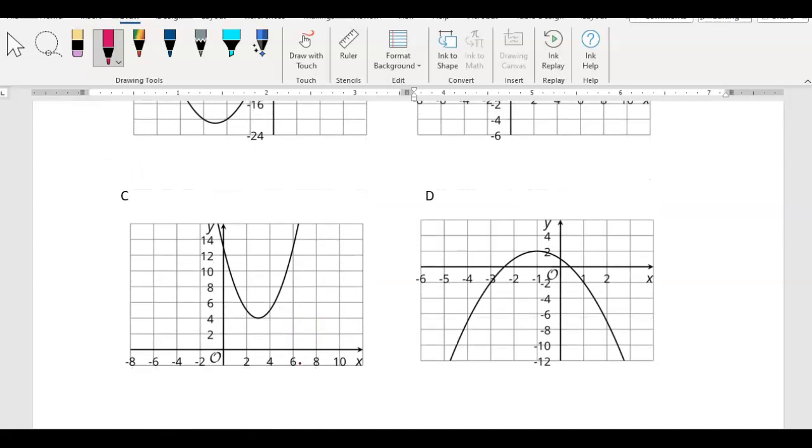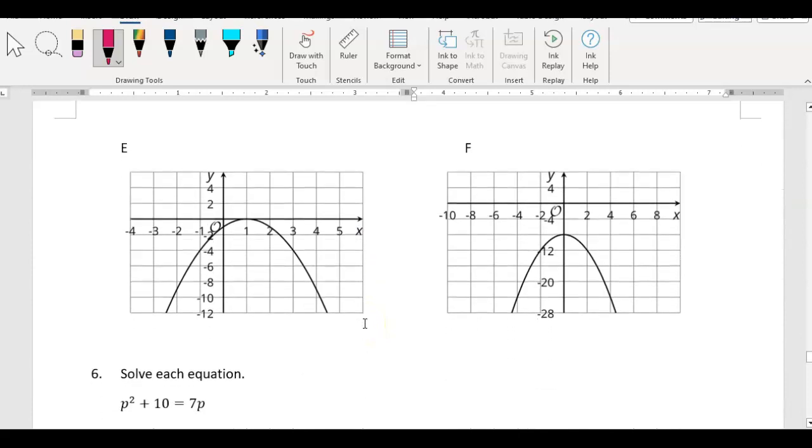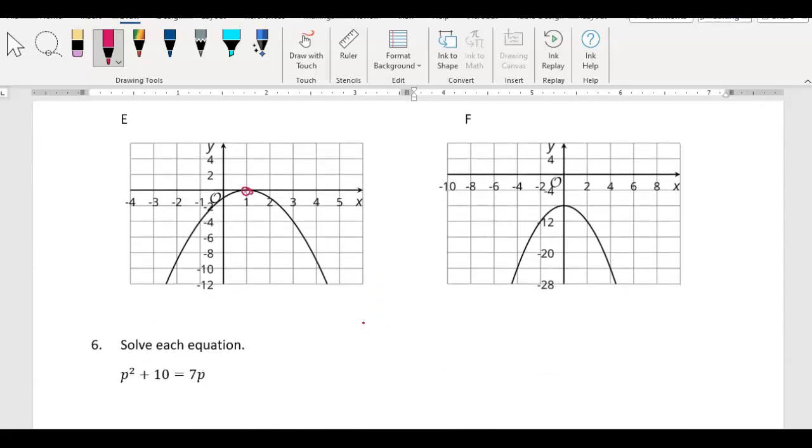C is not touching this at all, so this has 0 solutions. And D is upside down, but it is still crossing the x-axis in 2 places. So this has 2 solutions. All right. E is touching this in 1 place. So this is 1 solution.